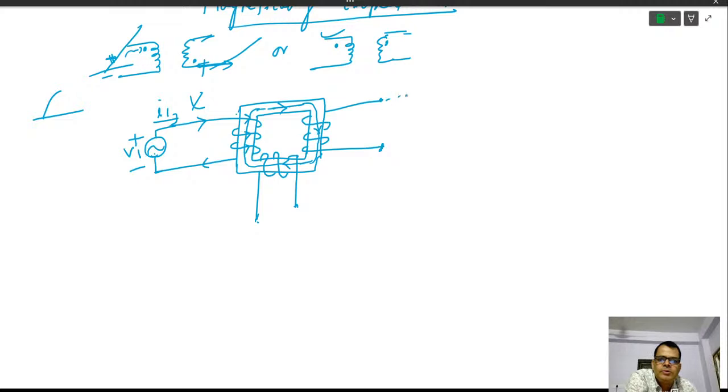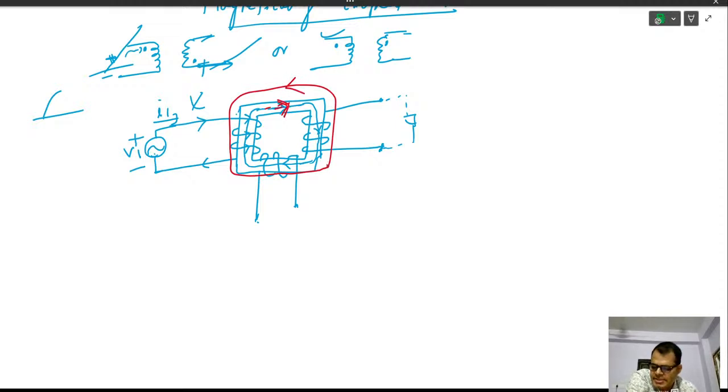When you connect a load here, it will produce a current in such a direction that it will oppose this flux. This is the causing flux. Obviously the opposing flux will be this one to the coil.